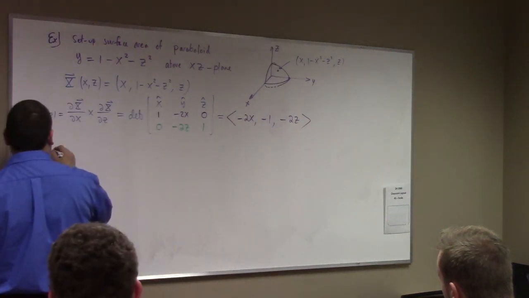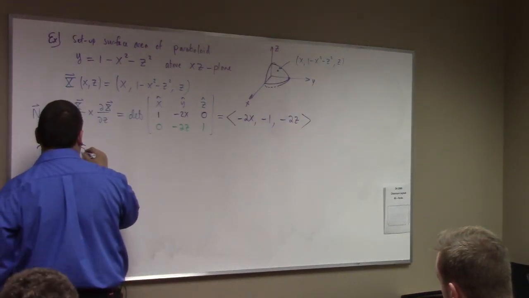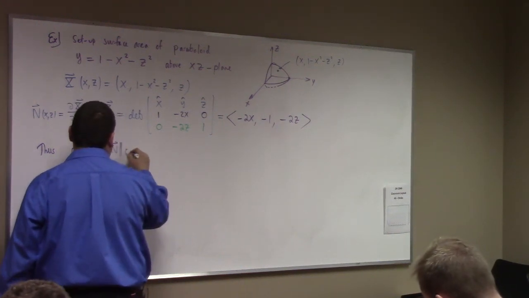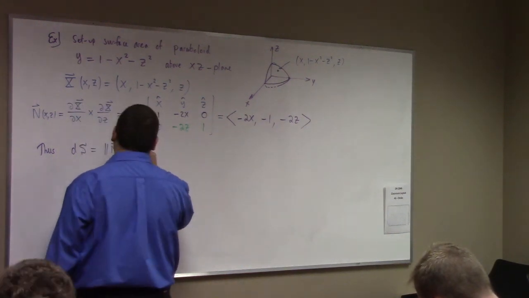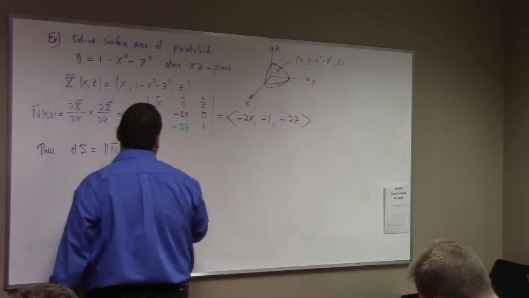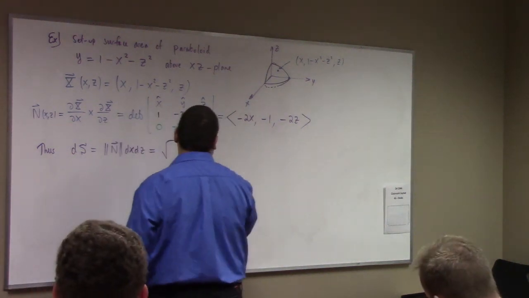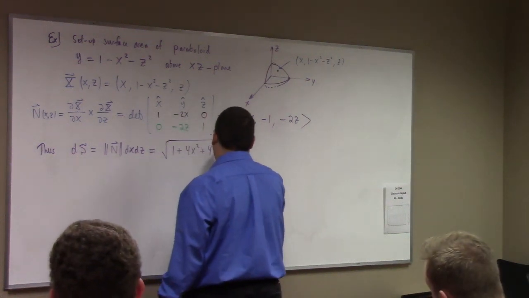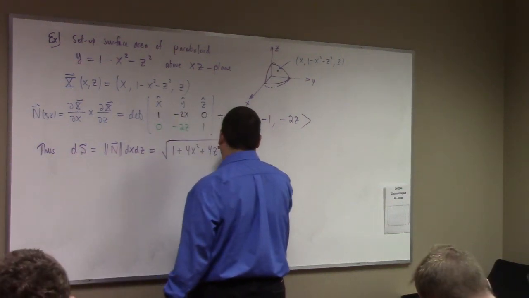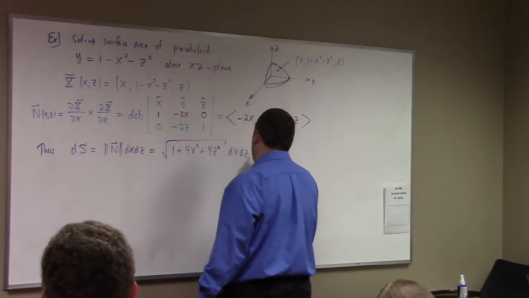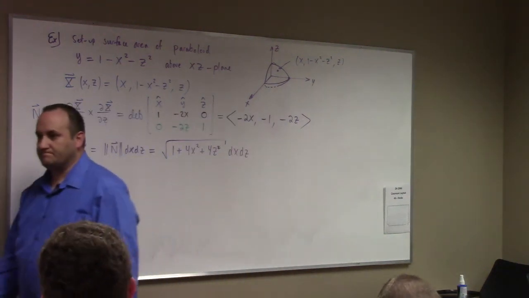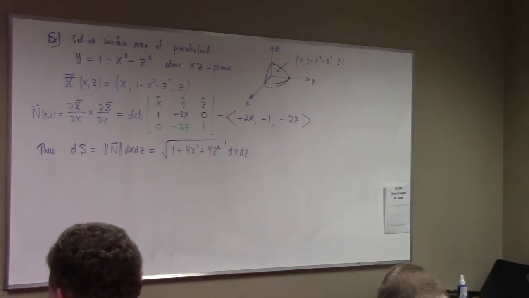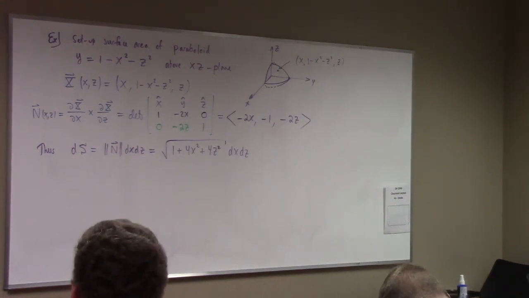Thus ds, which is, by the way, the length of the normal vector times, in this case, dx dz, is the square root of 1 plus 4x squared plus 4z squared dx dz. That's the scalar surface area element for this paraboloid.